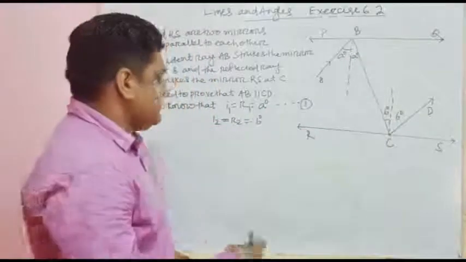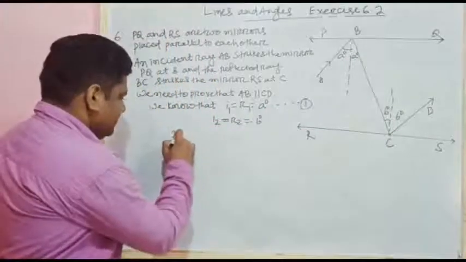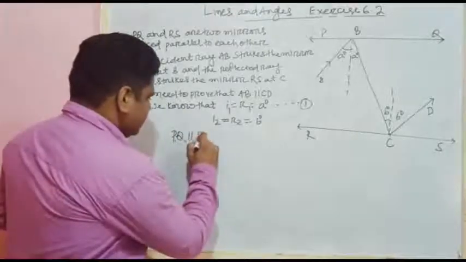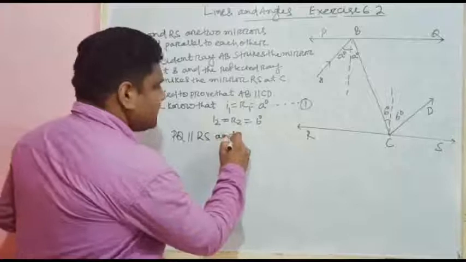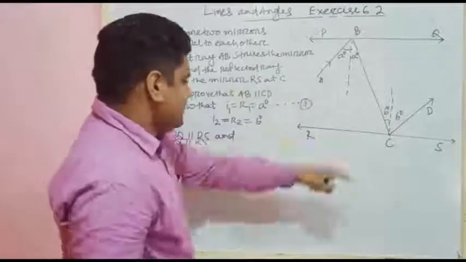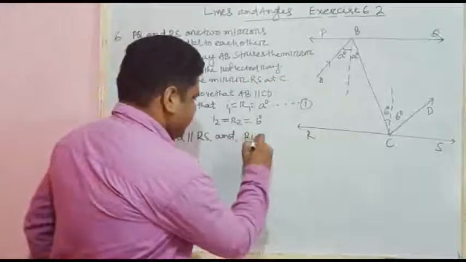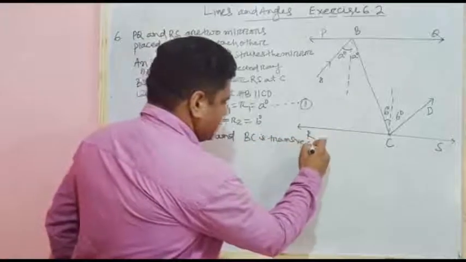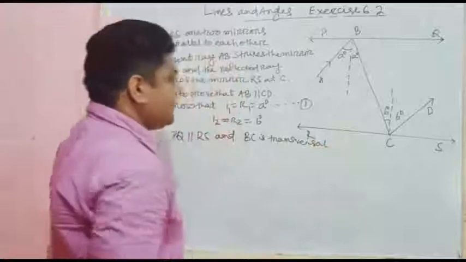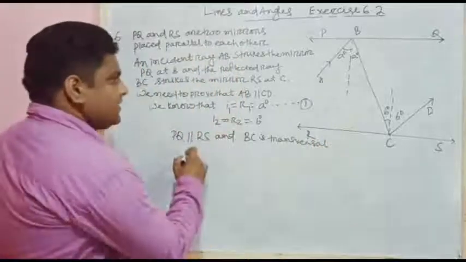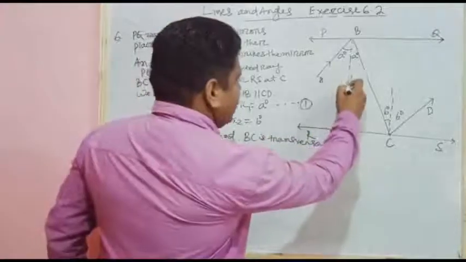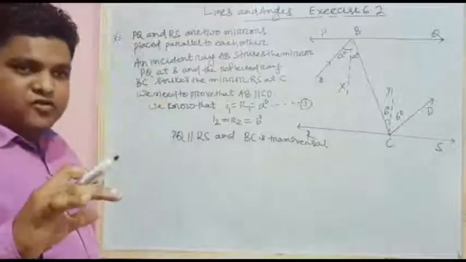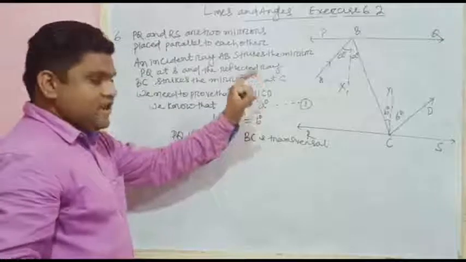Now we can write PQ is parallel to RS, and BC is the transversal. So we can write, let this be X and let this point be Y, so that we are able to name the angles.